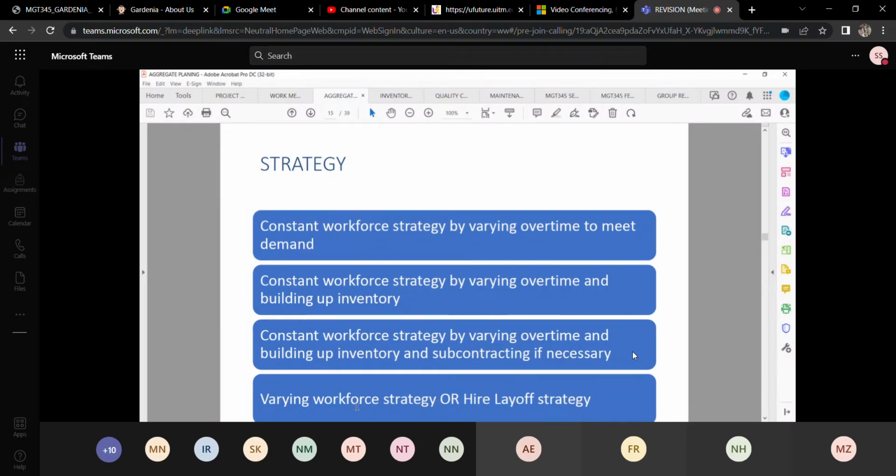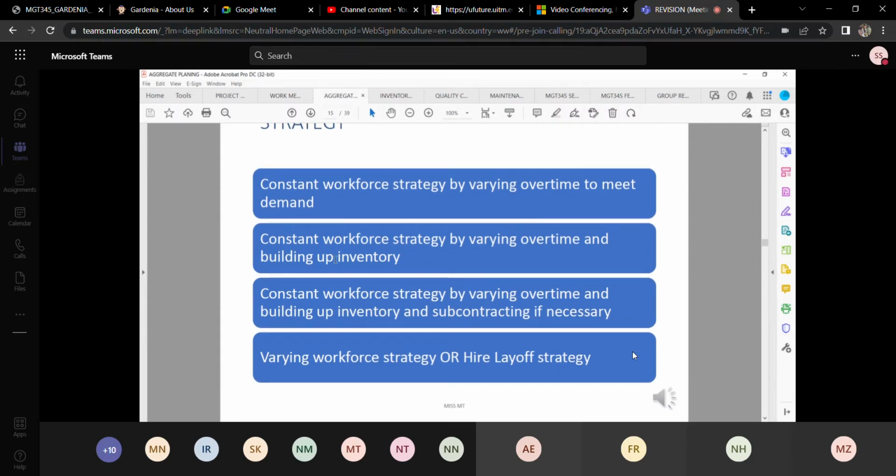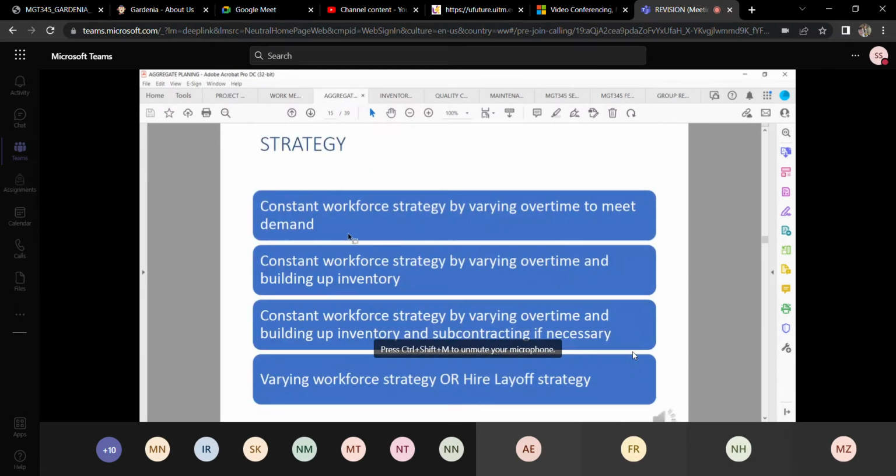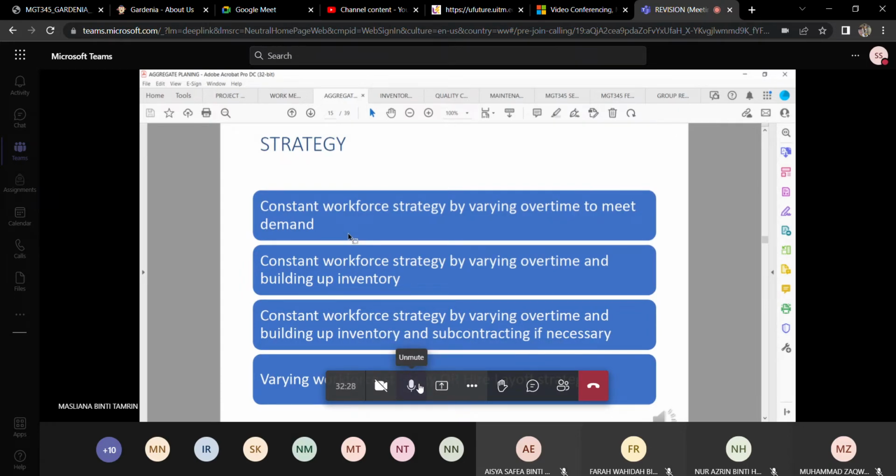Varying workforce ni dah memang totally different dah jalan kerja dia. Okay, any question on the aggregate planning? Class? Okay.